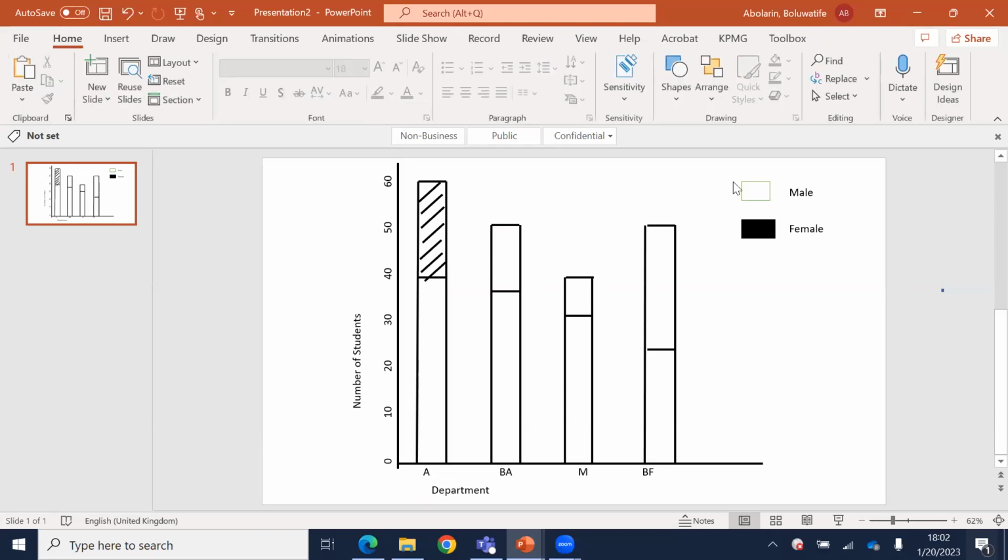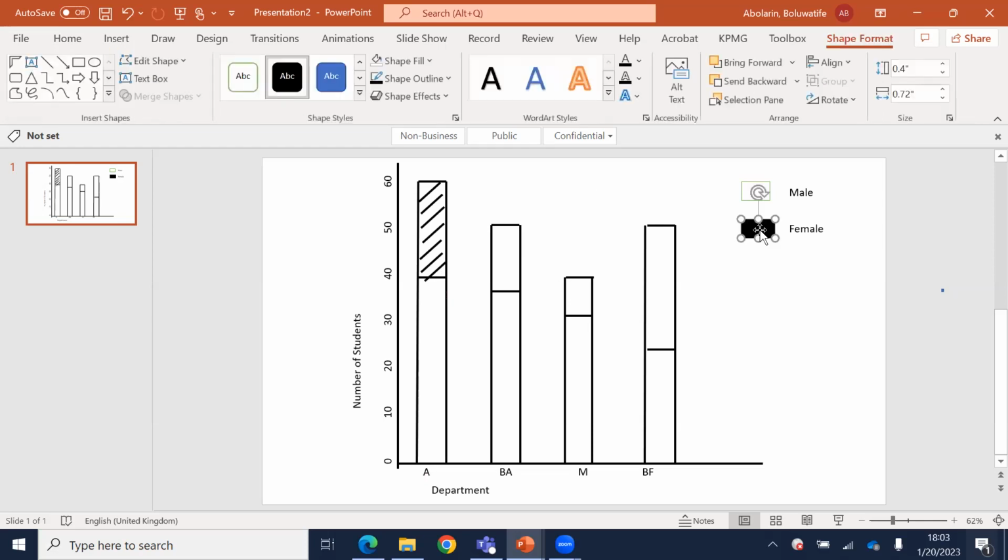You can do this. But when you want to come to this box to explain, you are going to tell them you are not going to put that same shade again. You are going to put all these lines inside this box to show them that anywhere they see this mark, it shows that it is female.